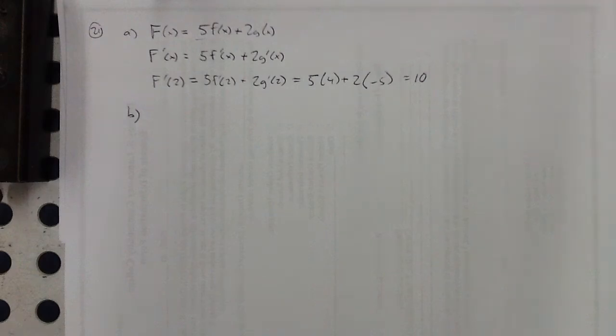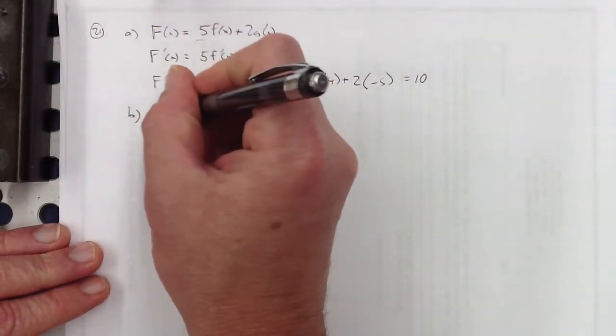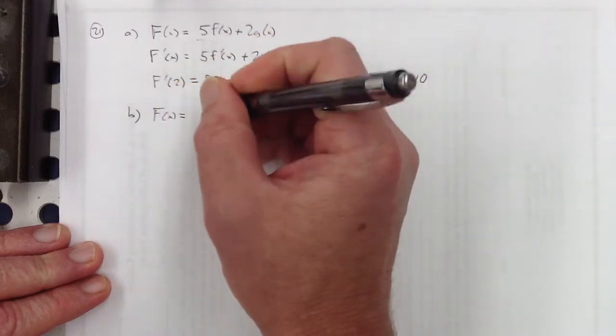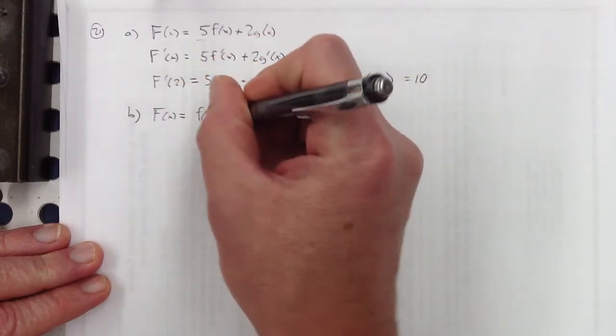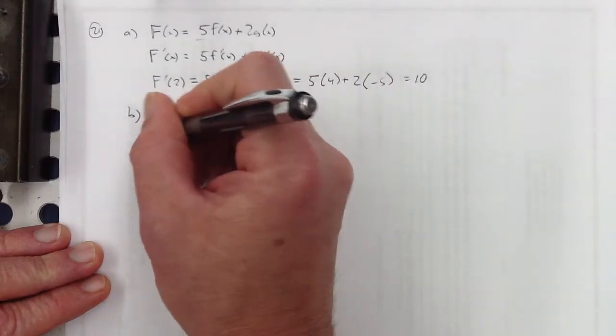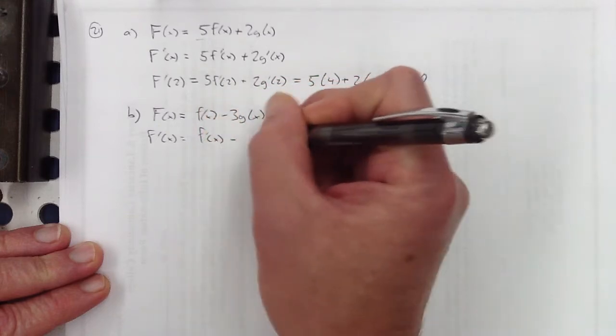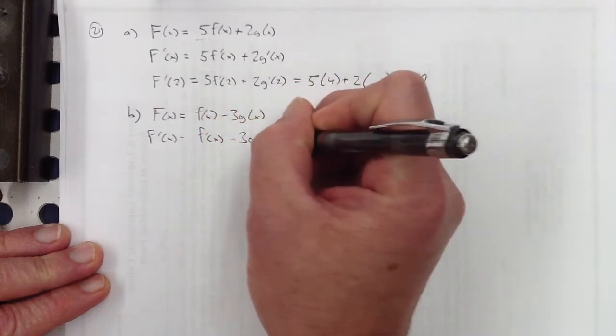B. This time, big F is f of x minus 3g of x. So same thing, big F prime of x is just little f prime minus 3g prime of x.